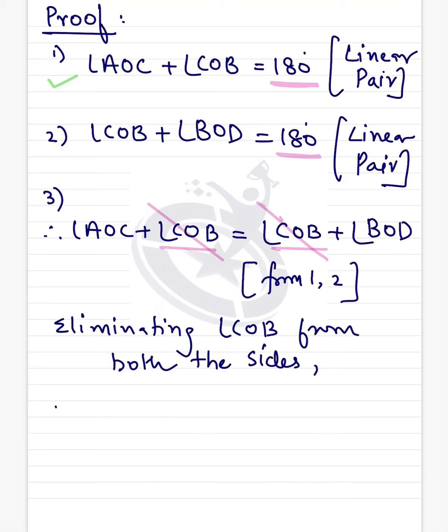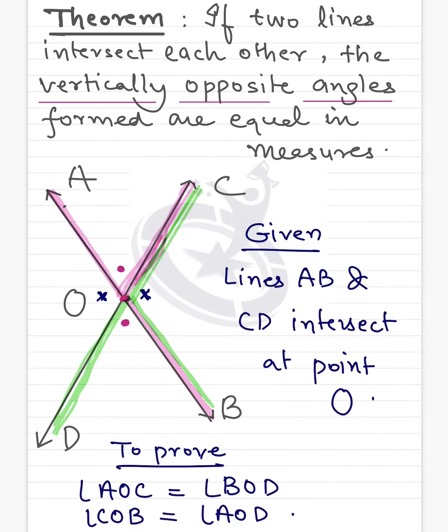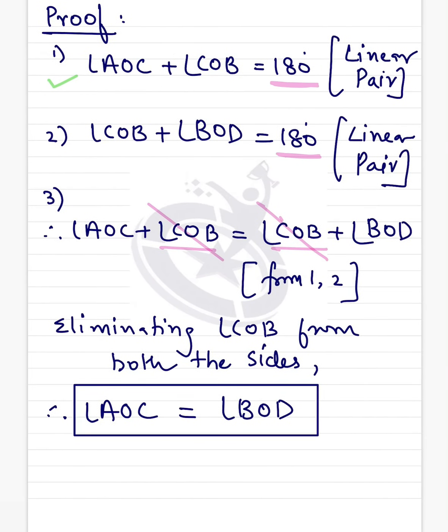So what is left over? Therefore angle AOC is equal to angle BOD. This is what you had to prove. Angle AOC is equal to angle BOD. Is that clear? Similarly, we can prove the second pair also.